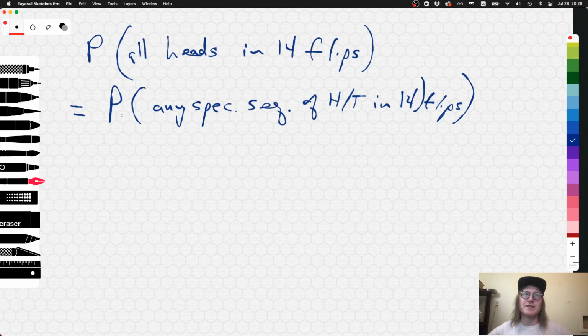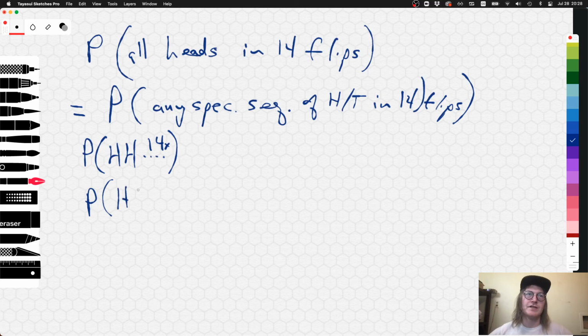These are going to be the same. And I mean a specific sequence. I don't mean the count of heads. I mean the probability of heads 14 times, versus the probability of this specific sequence of heads and tails.